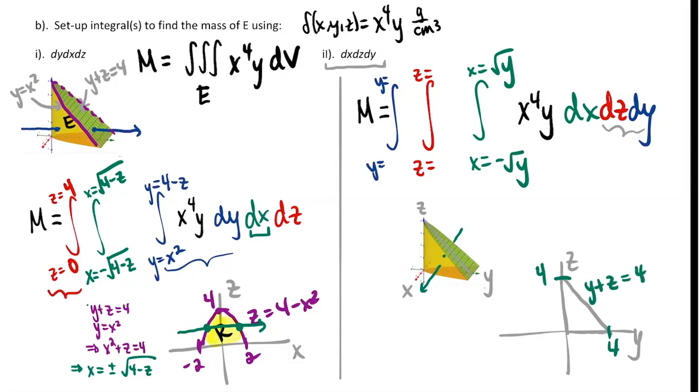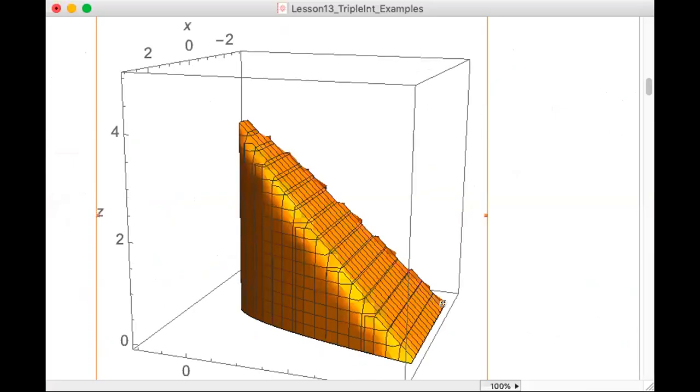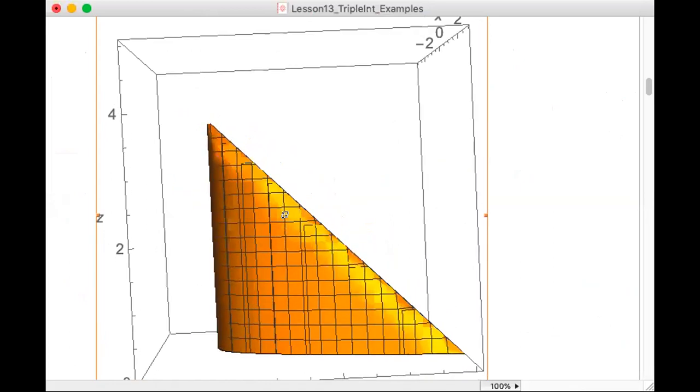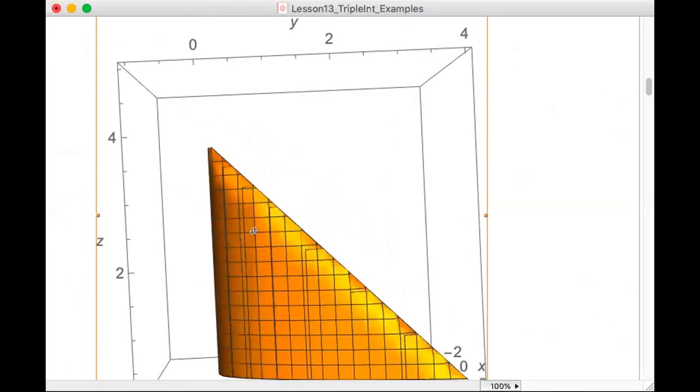And this is going to be my region R. And we can also look at this in Mathematica if you want to see really quickly how that's actually the shadow. Let's click on that real quick. Right, so if we turn it and now we're just looking right from here, you can see that shadow is just going to be that triangular region, and it's caused directly by the plane.